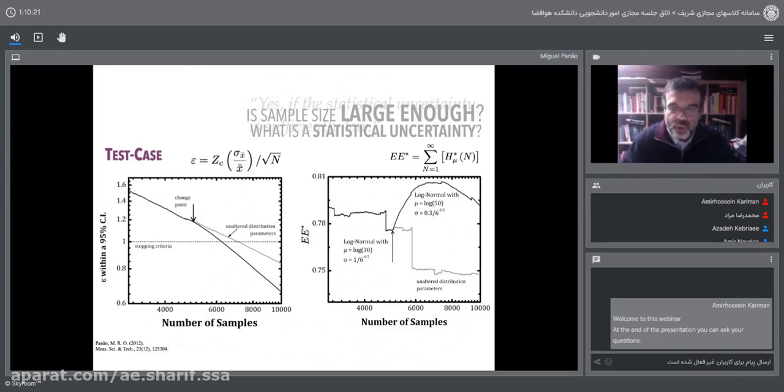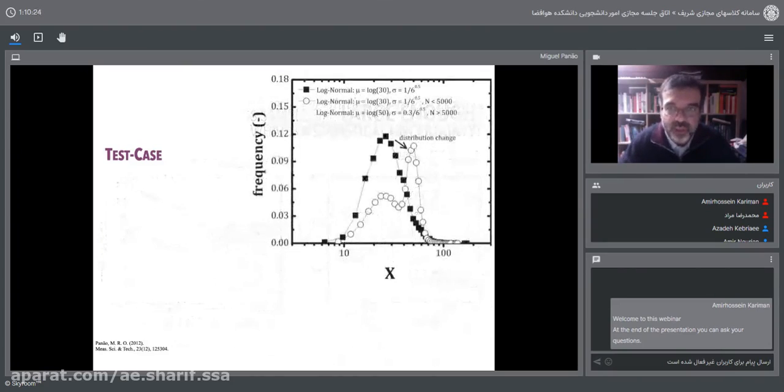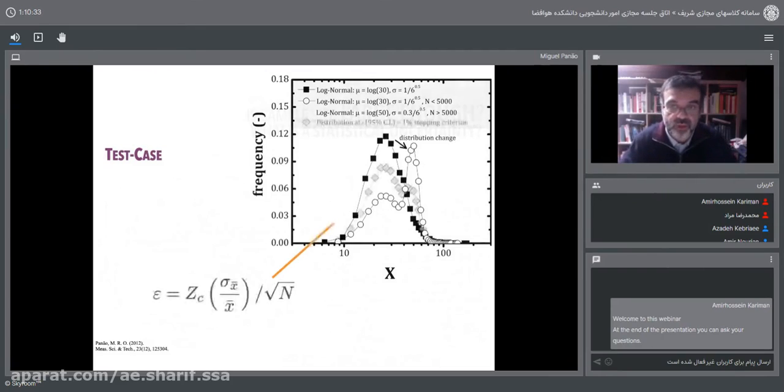So if we use the excess entropy, we would get the second distribution changed by the change of condition, while if you use the typical parameter based on the distribution moments, you would get this distribution because it fulfills the stopping criterion. So I hope to convince you that this is a very limited way to perform your experiments. The excess entropy is more relevant to our measurements because it is sensitive to changes in the distribution.